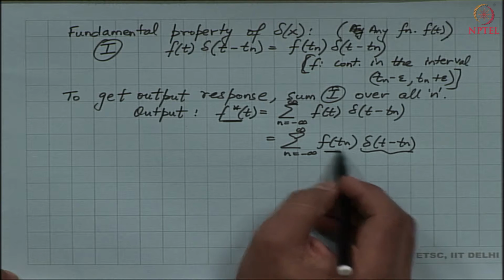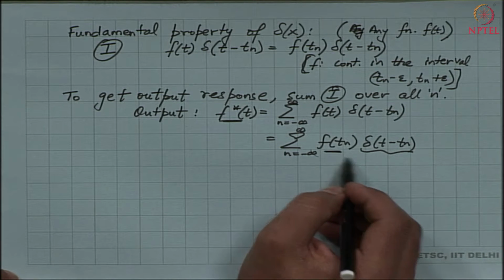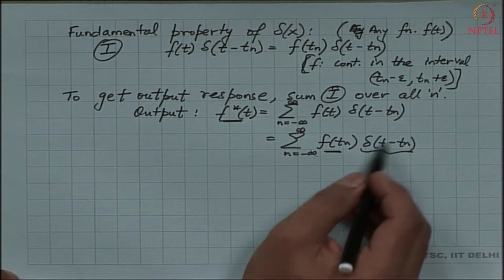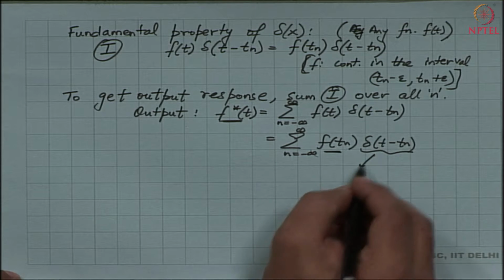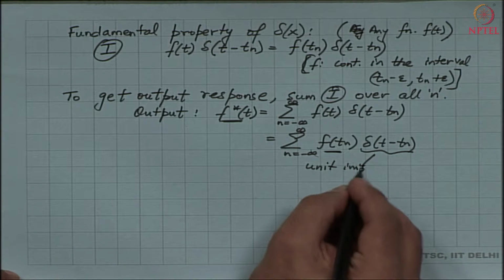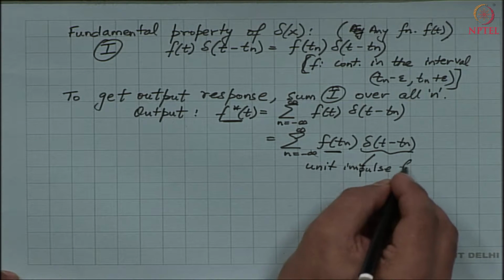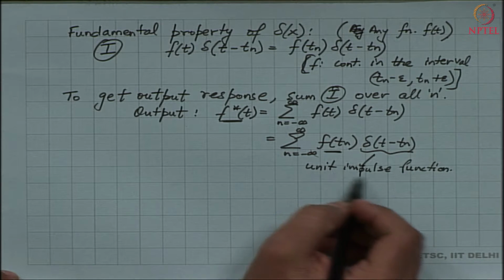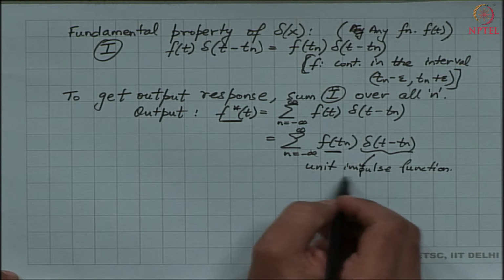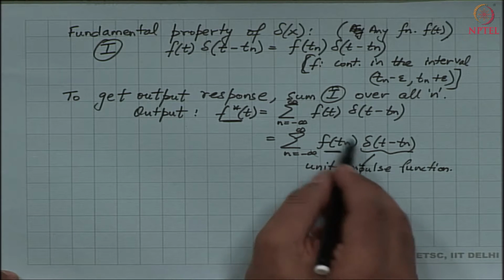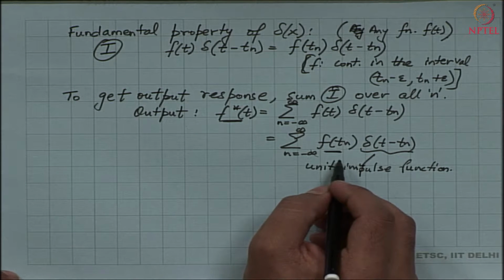Which means for input equal to 1, the delta functions denote my input at time points t n. So, I call these delta functions my unit impulse function. Why? Because it is an impulsive function. It gives an impulse at each time point t equal to t n with an amplitude equal to 1.